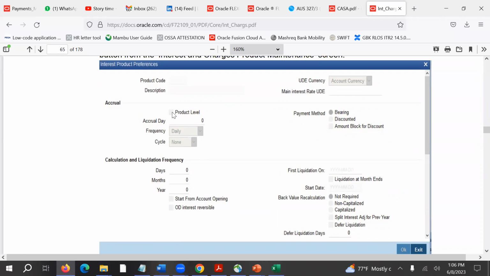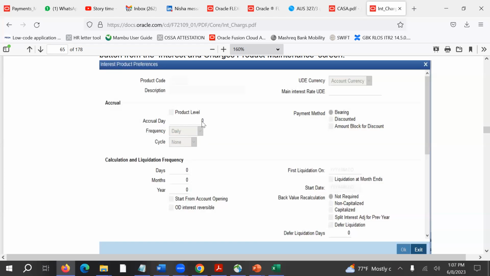Instead of posting accrual for each account, I can post a single consolidated entry, since I want to know at the high level only. But I will not get the breakup from the accounting entry; the breakup has to be obtained from the internal tables only. If I want the accounting entry with a breakup, then this has to be unchecked, so that the accounting entry will post for each account's accrual. This is only for the accrual.